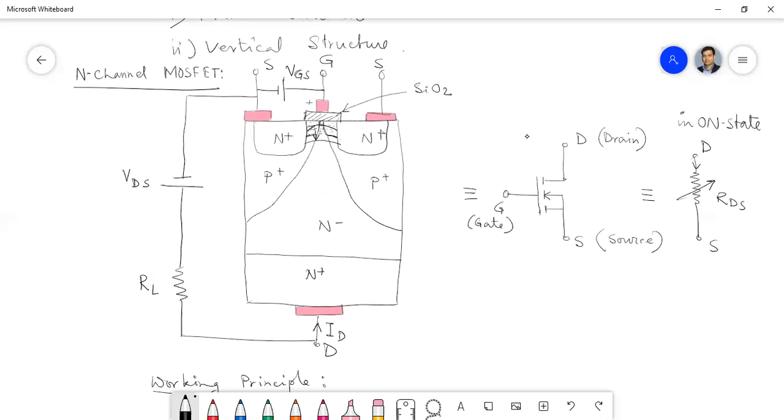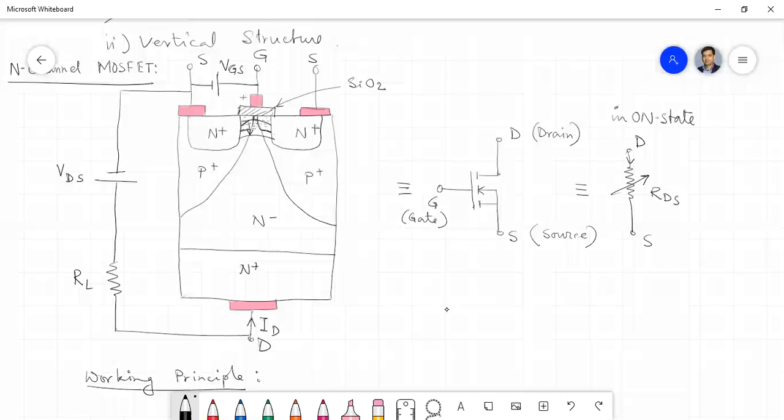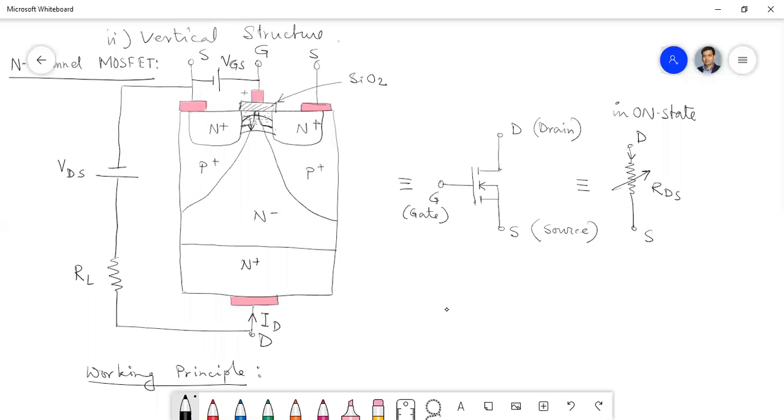Clear? Now, if we observe minutely, then you will find another bipolar junction transistor here. Can you see that? Within this MOSFET, there is another bipolar junction transistor. Can you visualize that? Can you tell me where it exists? Suppose this is the N plus, P plus, N minus, N plus, and another N plus, P plus, N minus, N plus.